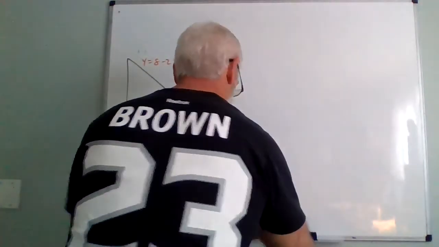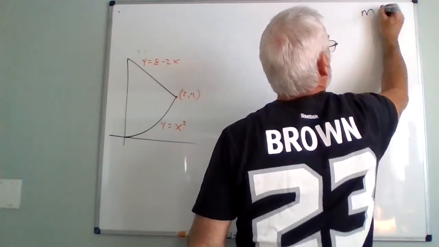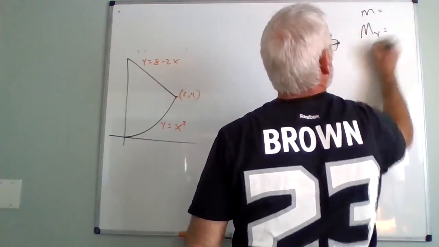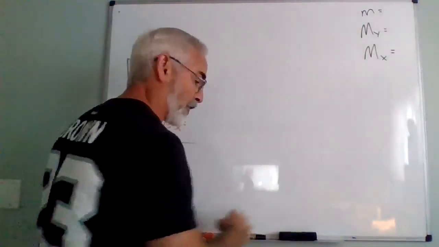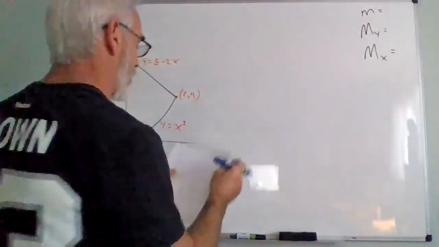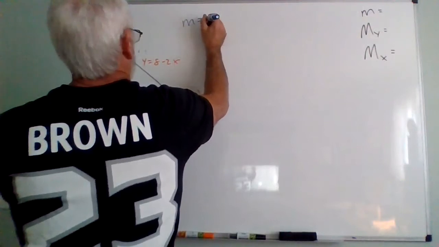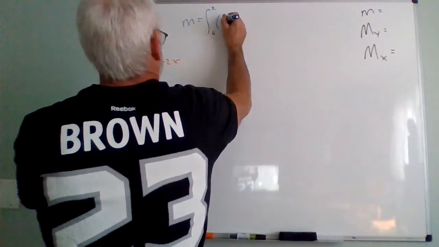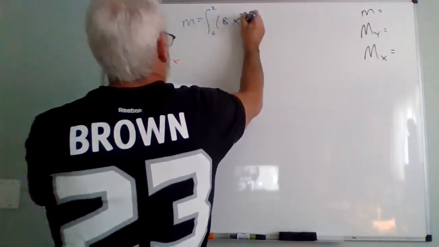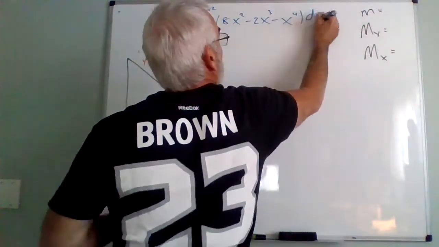Now off to the side, because we're going to find these one at a time, I'll state our results so we can remember what we actually did. So the first integral we're going to find, again, is the mass, which we just stated a moment ago. So if I go ahead and distribute, that will be the integral of 8x squared minus 2x cubed minus x to the fourth dx.